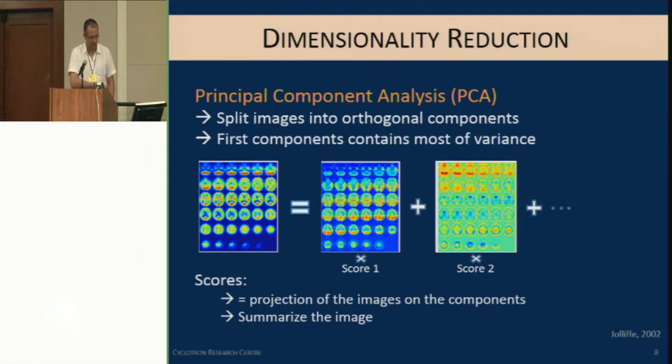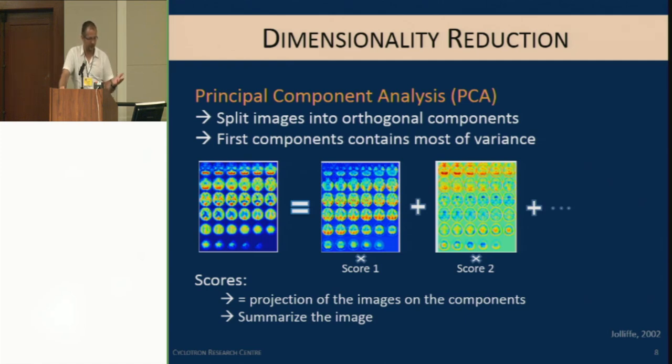Well, we've got a bunch of them, and with a bunch of those images, we try to decompose them by creating orthogonal patterns. So these components, these patterns, capture most of the variance across all your data.